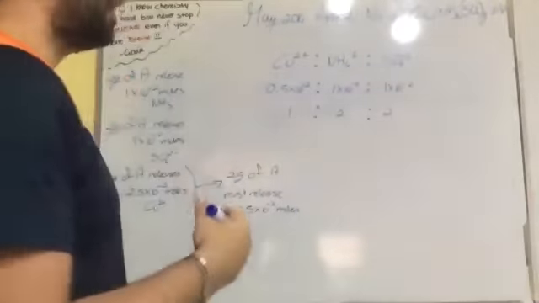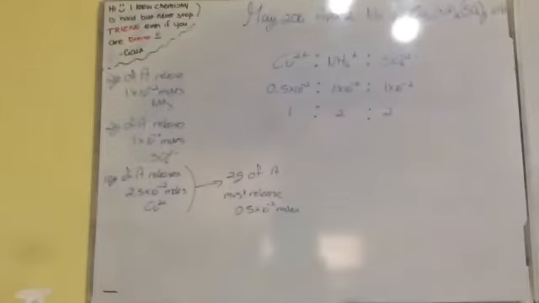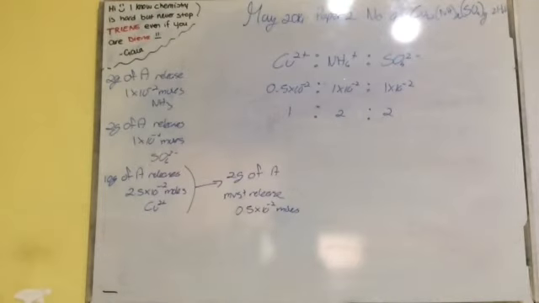So we have found the ratio, but we still have not found the exact numbers. So pretty much these numbers now can be 1, 2, 2, or 2, 4, 4, or 3, 6, 6, and so on. So the ratio has to be 1 is to 2 is to 2. So how can we actually find the numbers?